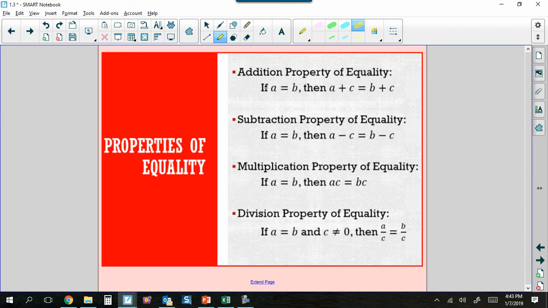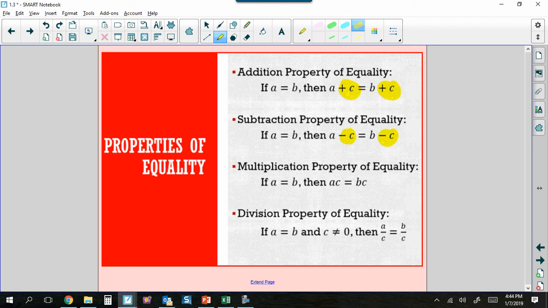That's if A equals B, then A plus C equals B plus C. So in simple terms, it's when you add to both sides of the equal sign. For the subtraction property of equality, if A and B are equal, then A minus C must be the same as B minus C. Again, similar to the name, it's when you subtract on both sides of the equal sign.